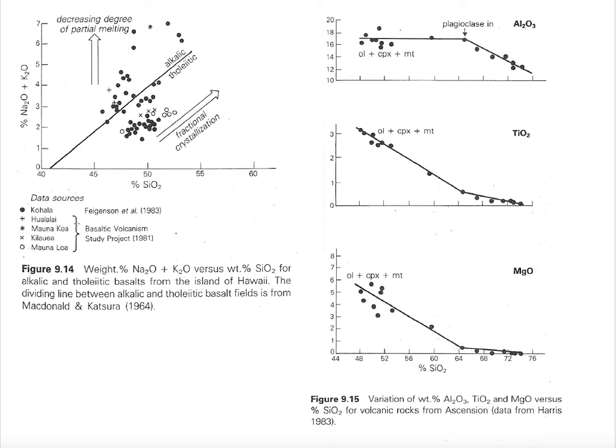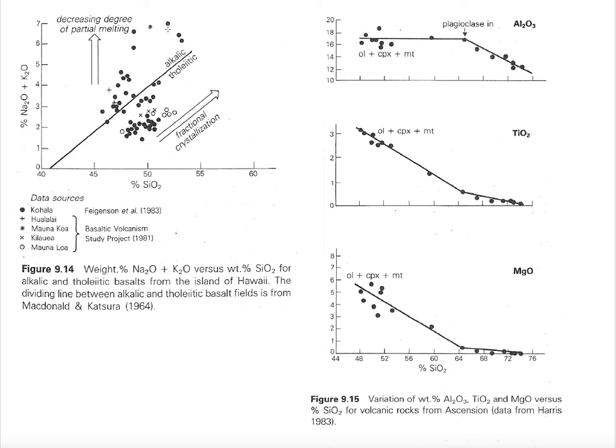We can see that the older ones, Kohala, Hualalai, Mauna Kea, follow more the fractional trend, whereas Kohala also has a lot of alkalic trends.